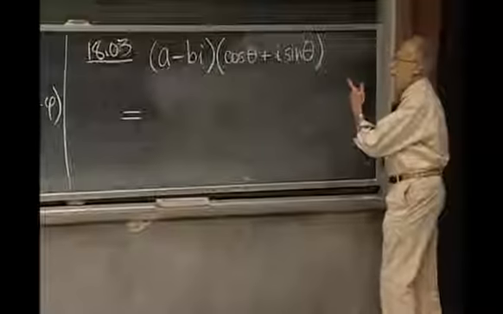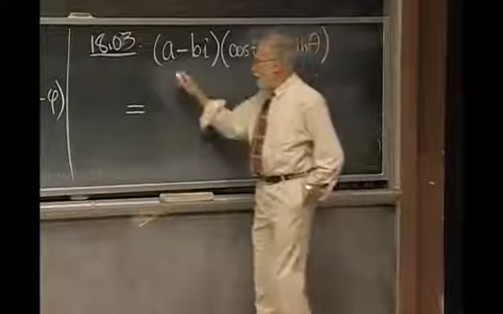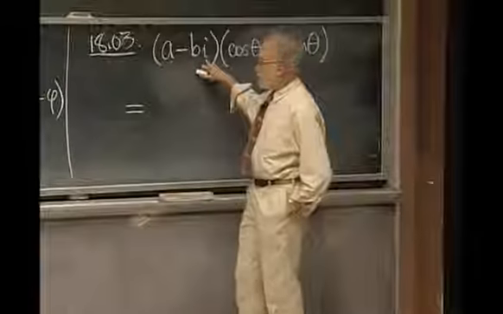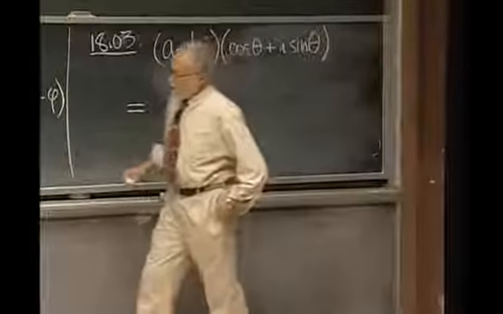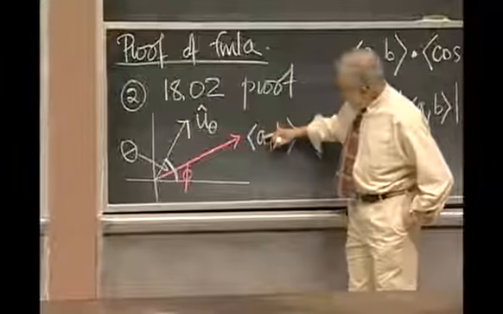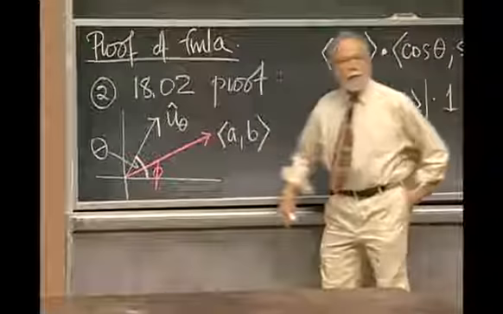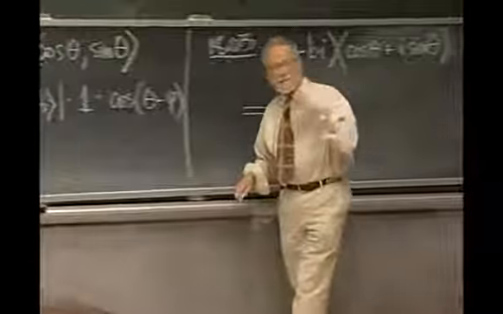And now the right-hand side, I'm going to use polar representation instead. What's the polar representation of this guy? Well, if a plus bi has the angle phi, then a minus bi goes down below. It has the angle minus phi.